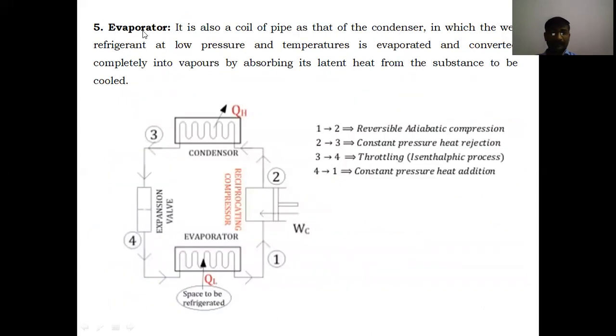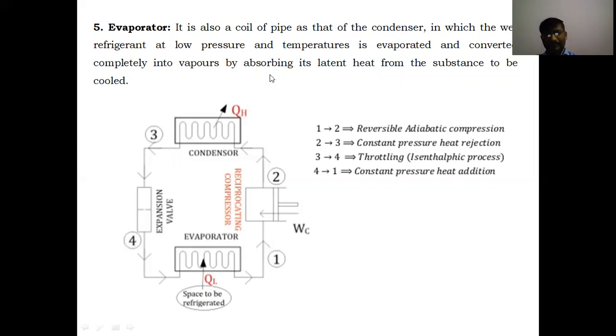Then the evaporator is the other device. It is also a coil of pipe, as that of the condenser, in which the wet refrigerant from the expansion valve enters the evaporator at low pressure and temperature, and is evaporated and converted completely into vapors.